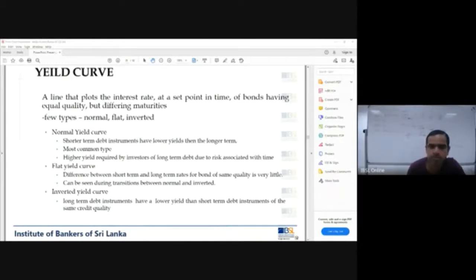Why would there be different kinds of yield curves? Why are some normal or upward sloping, some are flat, others are inverted? Why?